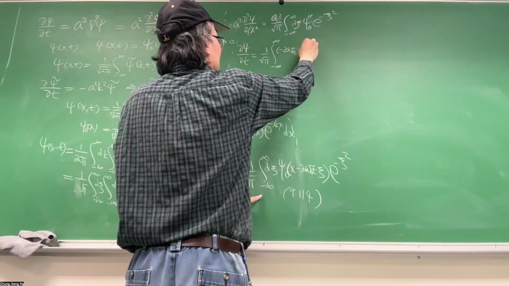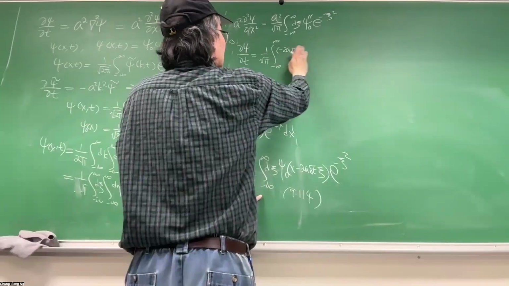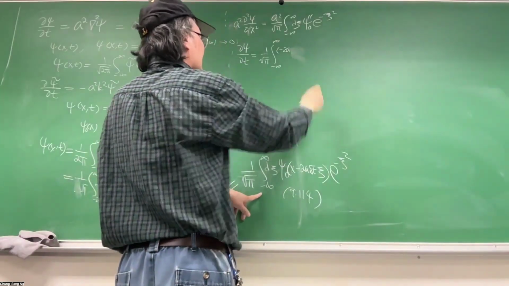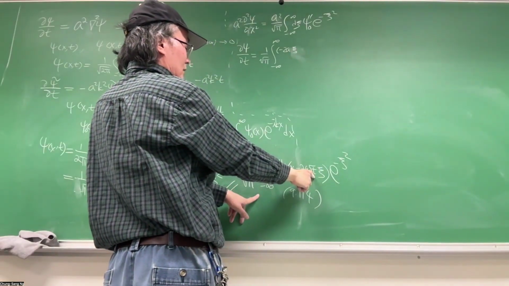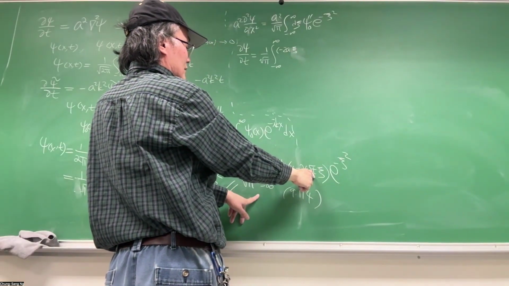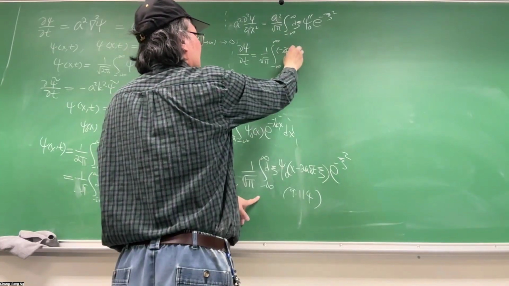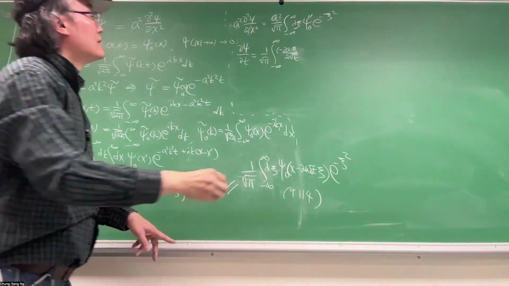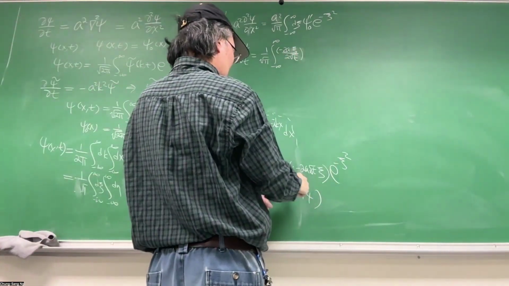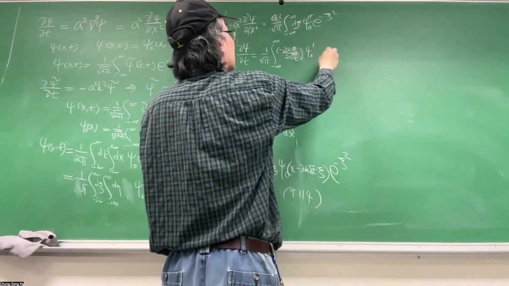Let's see. No, square root of t. It's c divided by the derivative of square root of t, which is 1/2 of square root of t, right? That is the derivative. I see a prime.